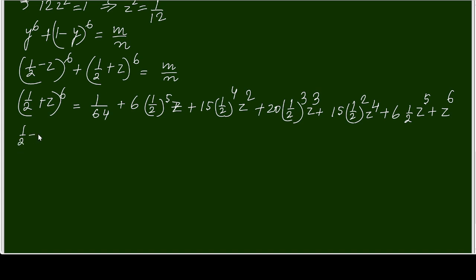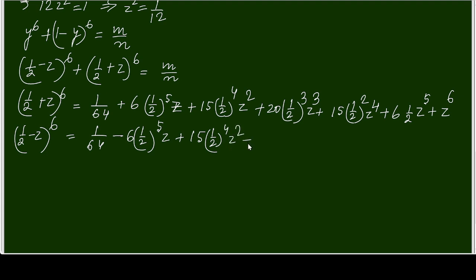And (half minus z) to the power 6 equals 1 over 64 minus 6 into half to the power 5 z plus 15 half to the power 4 z square minus 20 half to the power 3 z cube plus 15 half to the power 2 z to the power 4, minus again 6 by 2 z to the power 5 plus z to the power 6.